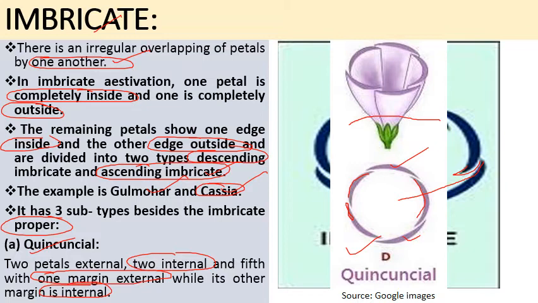Here 2 petals are external, 2 are internal, and 5th with 1 margin external while its one other margin is internal. This type of estivation is known as quincuncial estivation.